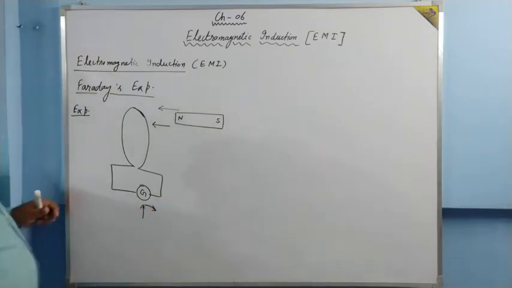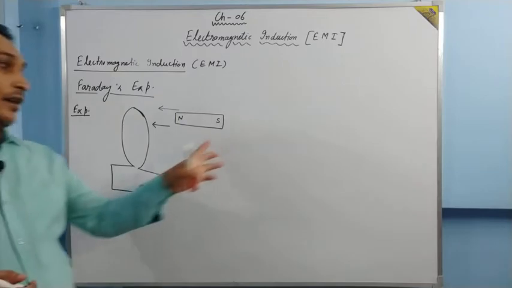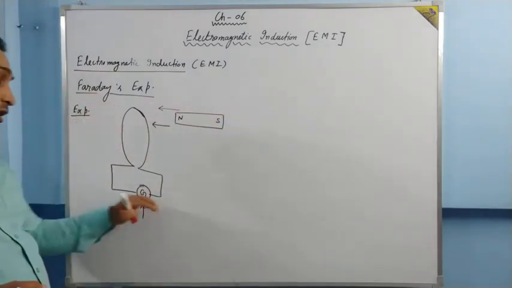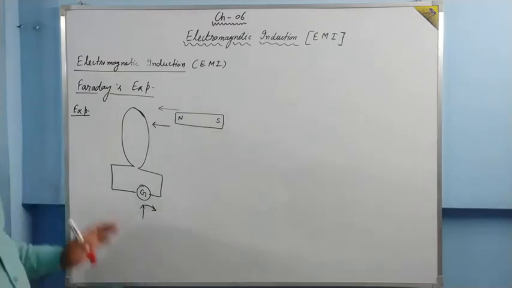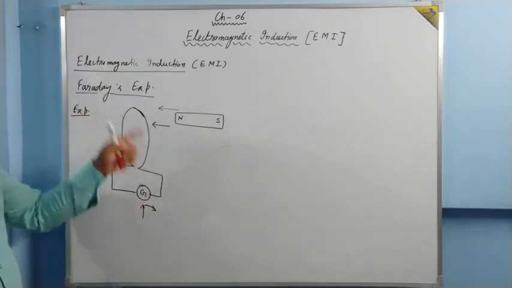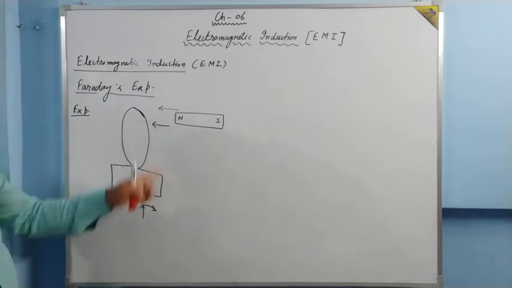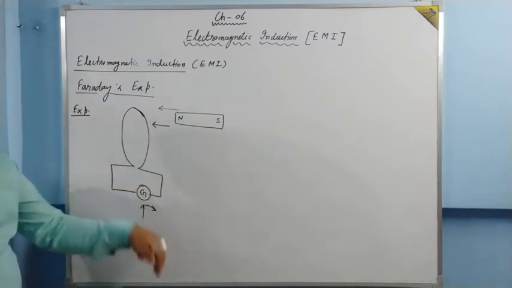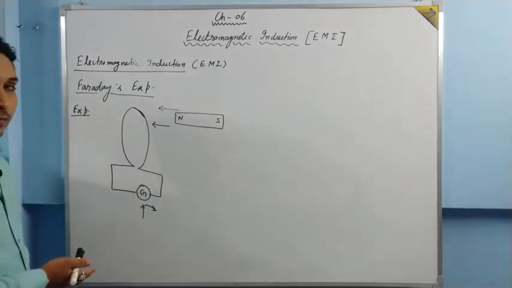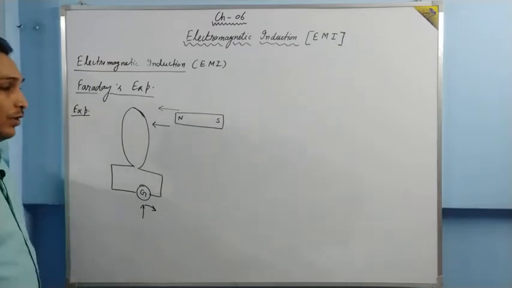Suppose the deflection is this side. How does the galvanometer deflect? There is no source of current, no cell, nothing. Current should not be there, but the galvanometer is still showing deflection.